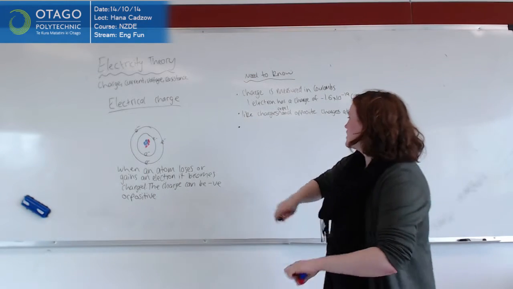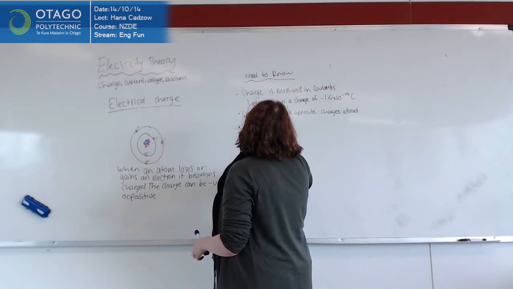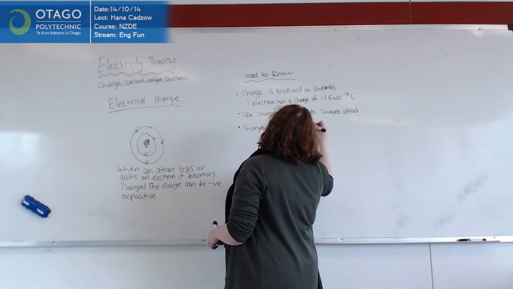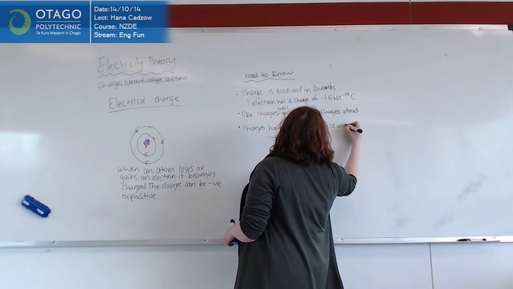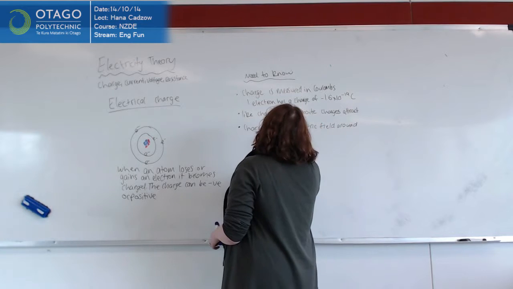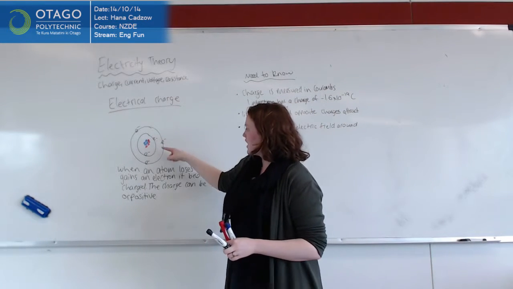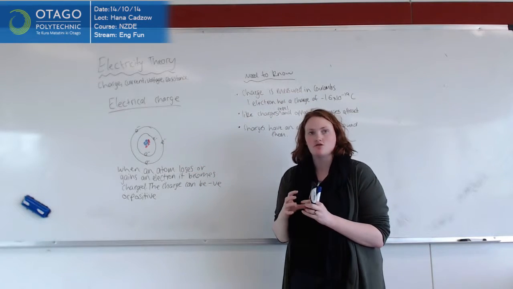And charges have an electric field around them. Okay. So these negative charges have an electric field around them, and these positive charges have an electric field around them.